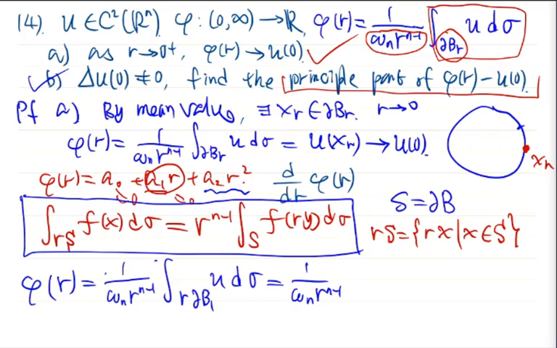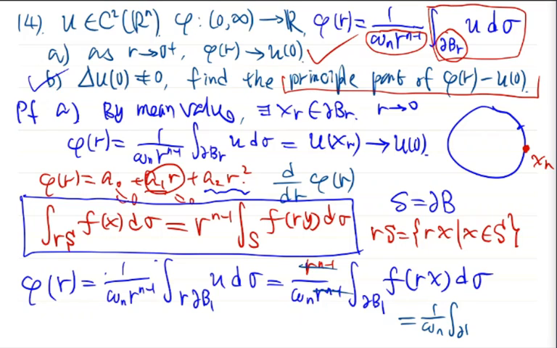Then the integral is over the unit sphere, of u(rx), that is not essential. Therefore the r^(n-1) cancels with the denominator. We obtain that the result is one over omega n times the integral over the unit sphere of u(rx) d sigma.